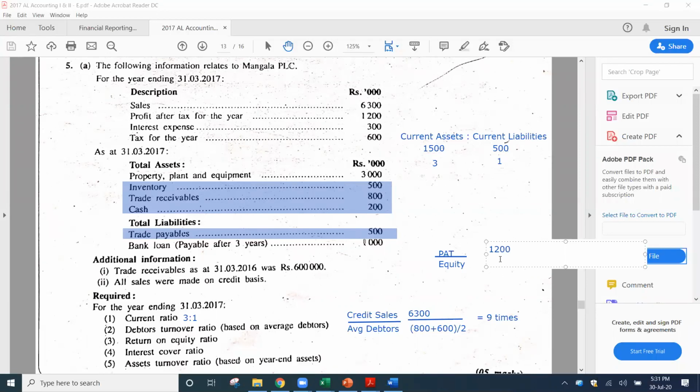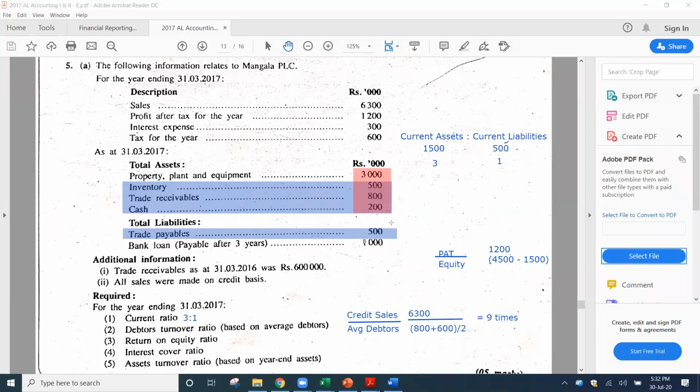Divide by equity. Now, how do you calculate the equity? That's a simple way to calculate equity from this information. Total assets minus total liabilities. Total assets, how much do we have? We have 4,500. Total liabilities, we have 1,500. See here, this is total assets.